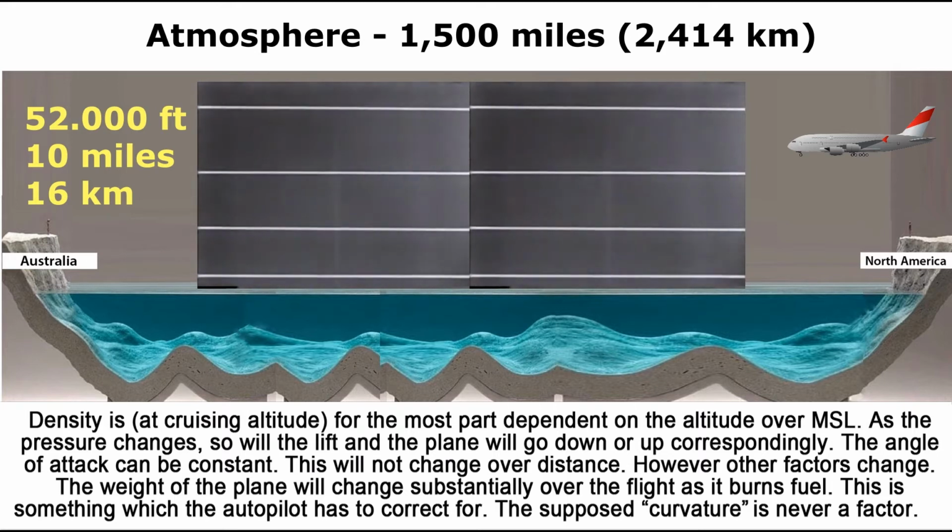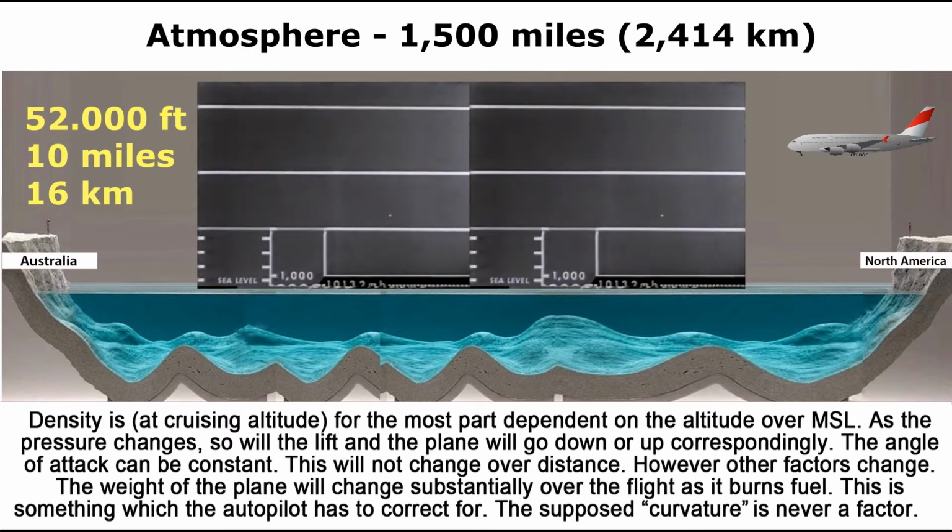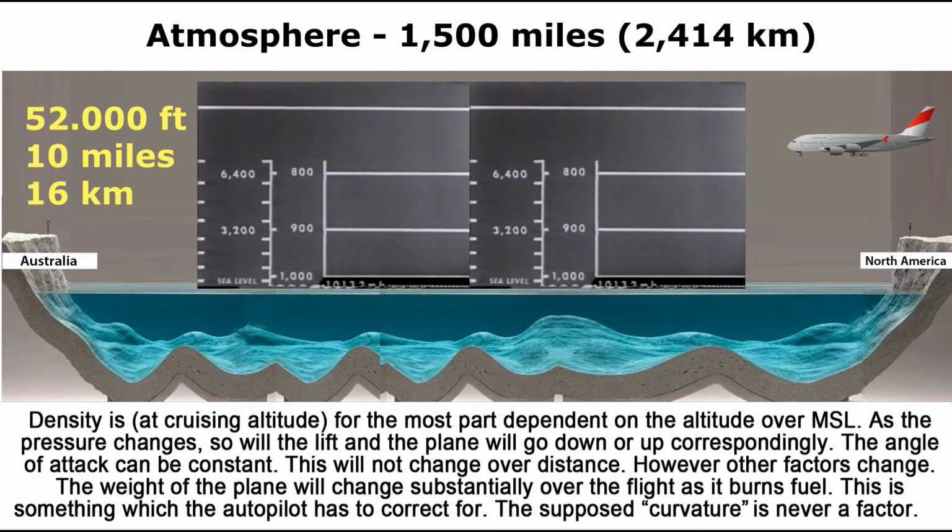The sea level pressure of the atmosphere is taken to be 1,013.2 millibars. The 900 millibar level is at 3,200 feet, and the 800 millibar level at 6,400 feet. To each pressure is assigned a definite height.